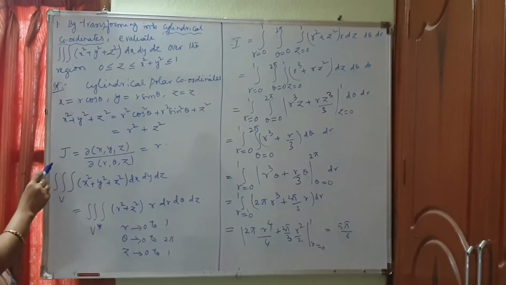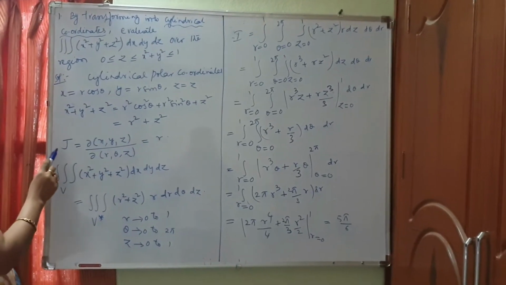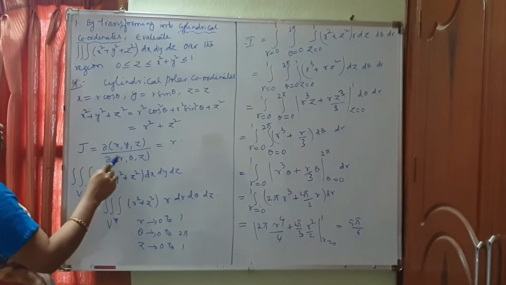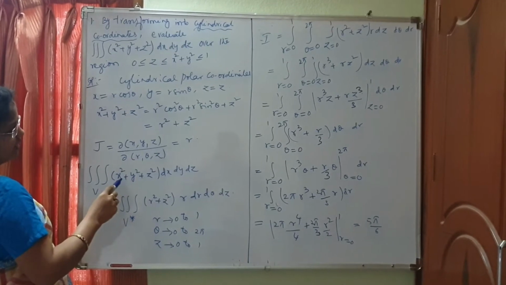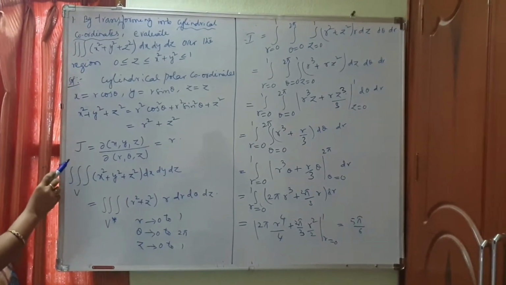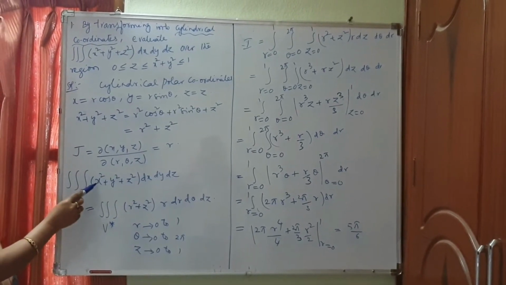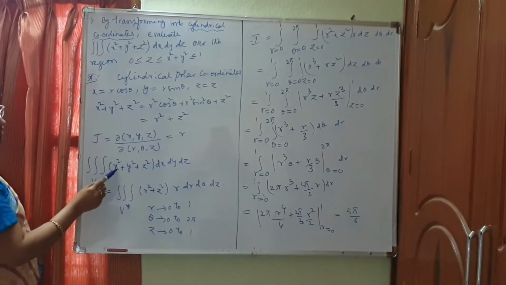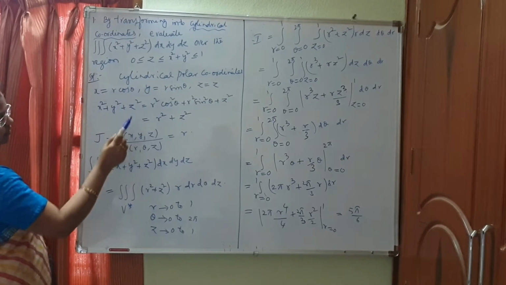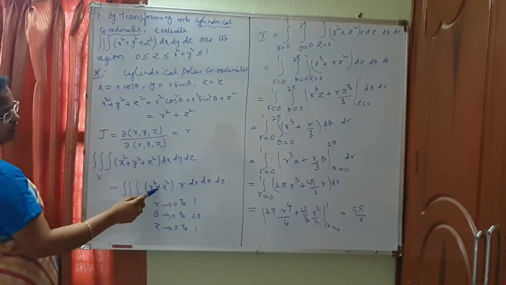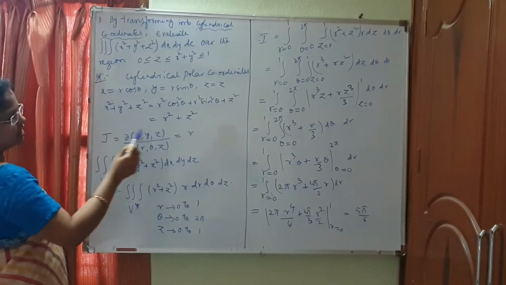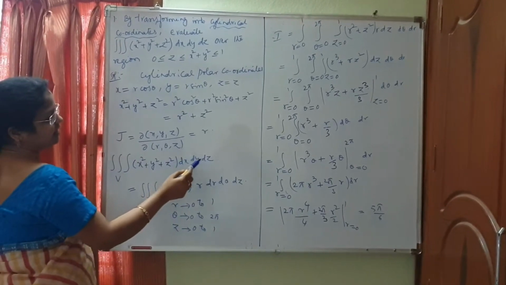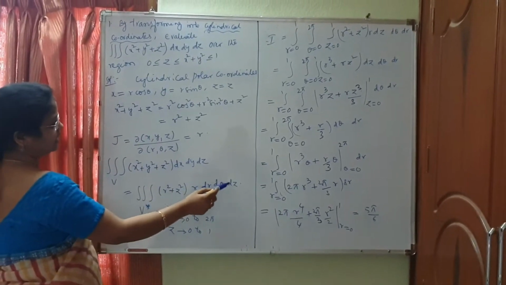And next we are finding the Jacobian. The formula for Jacobian is J is equal to dou of xyz by dou of r theta z. In the transformation from triple integral in Cartesian coordinates to triple integral in cylindrical coordinates, the function x square plus y square plus z square is replaced by r square plus z square, and we got the Jacobian J is equal to r, and dx dy dz is transformed to dr d theta dz.